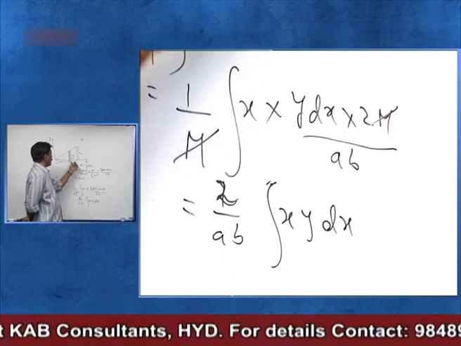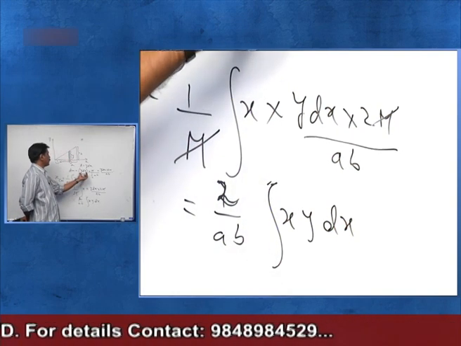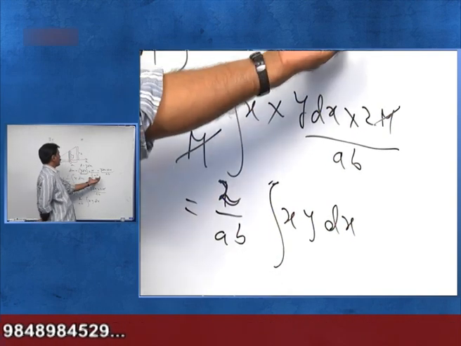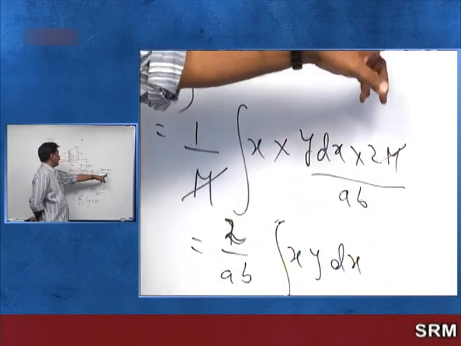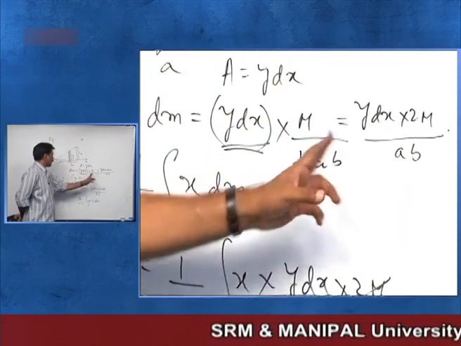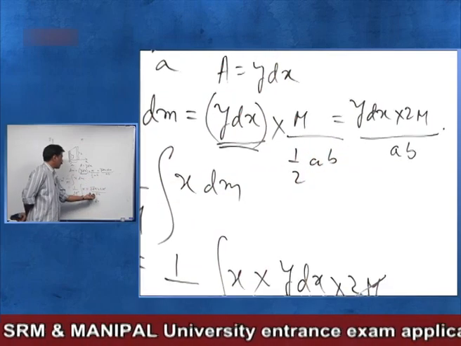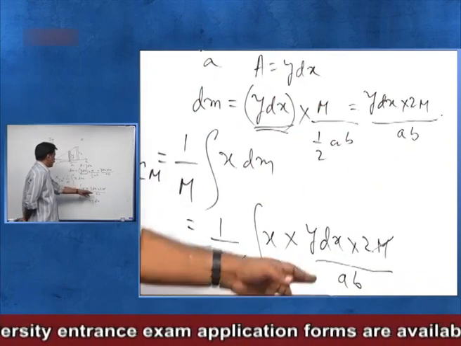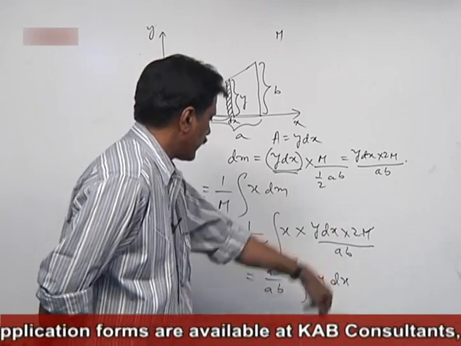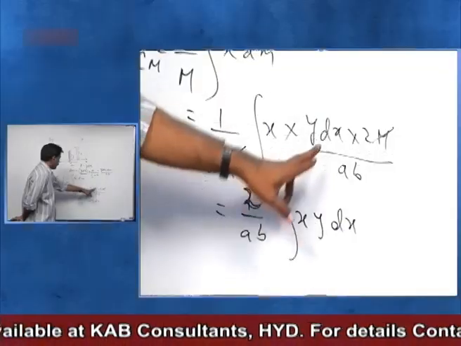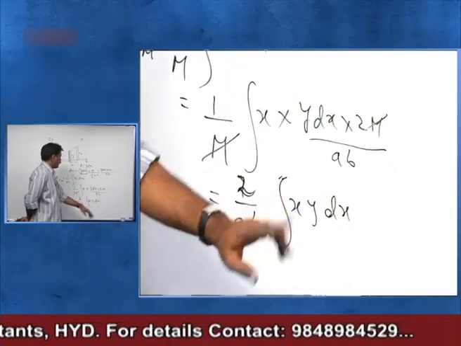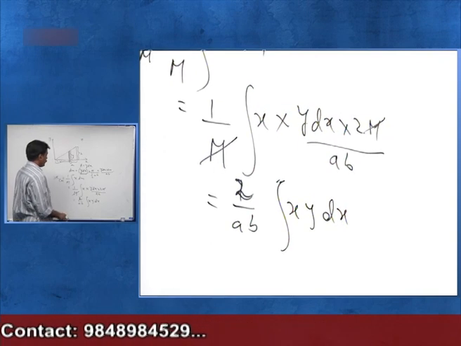Here dm is the mass of this element, which is equal to the area of the element into mass per unit area, that is y dx into 2M by AB. For dm you write this value, then simplify, M gets cancelled. What you are left with is 2 by AB into integral xy dx.